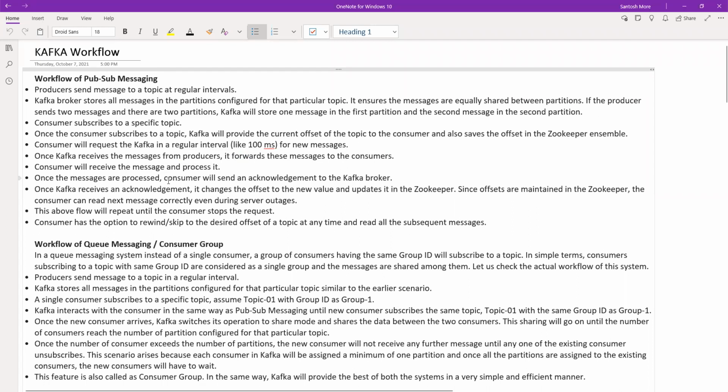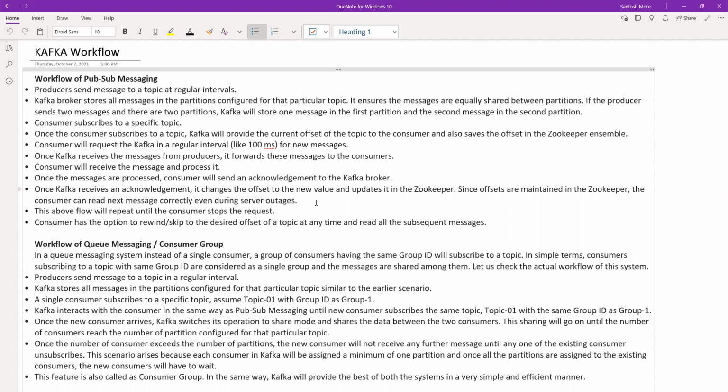Once the message is processed, the consumer will send an acknowledgement to the Kafka broker. Once the broker receives the acknowledgement, only then does it change the offset. The offset is moved to the new value, and that is again updated in Zookeeper. So the whole cycle repeats. Since the offsets are maintained in Zookeeper, the consumer can read the next message correctly even if there are server outages, because Zookeeper and the Kafka cluster are two different systems.